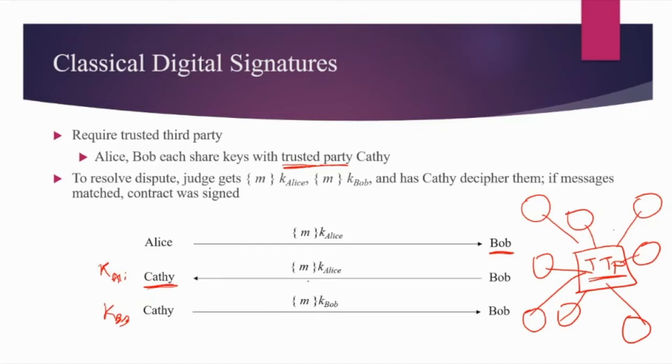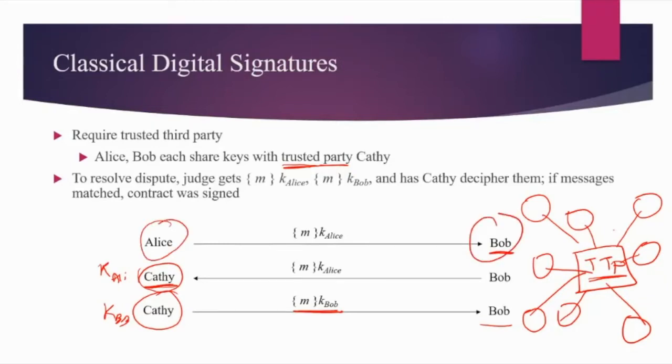Kathy will verify whether it is coming from Alice or not by decrypting it using the key shared with Alice. If it is verified, Kathy will encrypt the message with Bob's key so that Bob can open it, right? So the overall idea here is that we are involving a trusted third party to establish the validation, or the verification of source and destination.